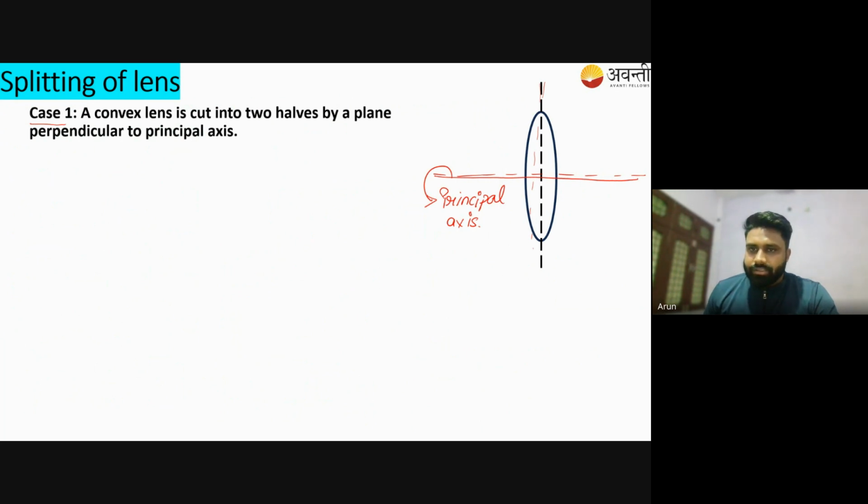You're seeing it, this plane is perpendicular to the principal axis. So we are cutting the lens in this direction like this. Got it? So it will appear to you in side view like this. By splitting it, this would appear like.